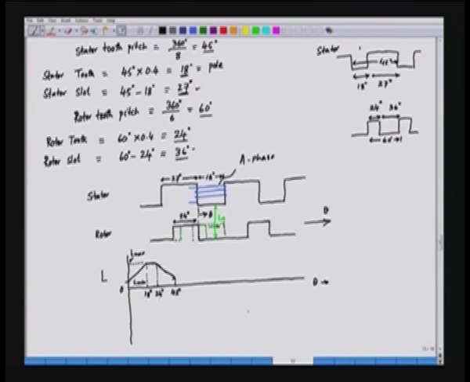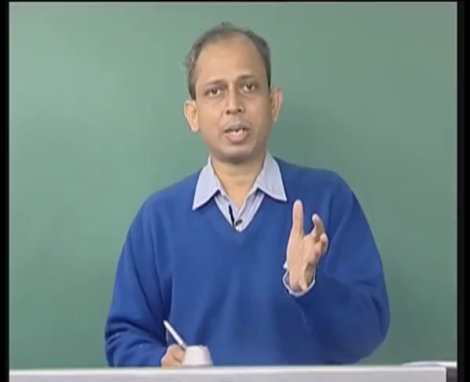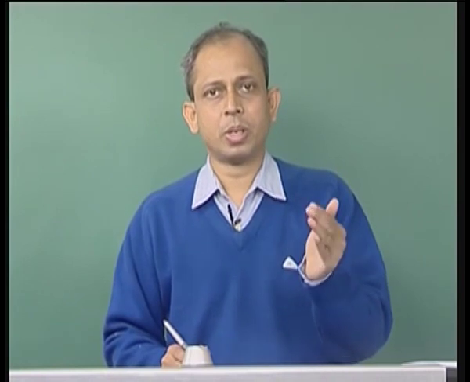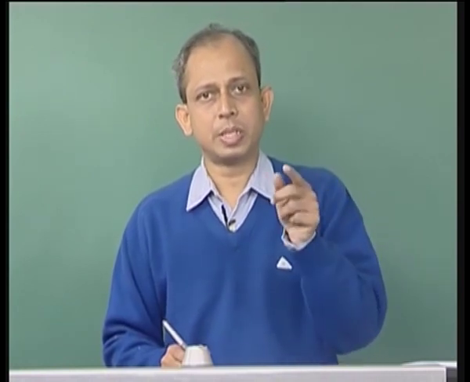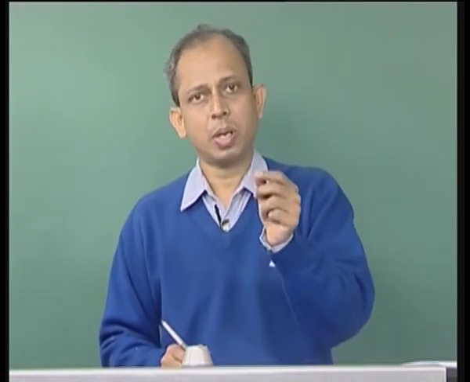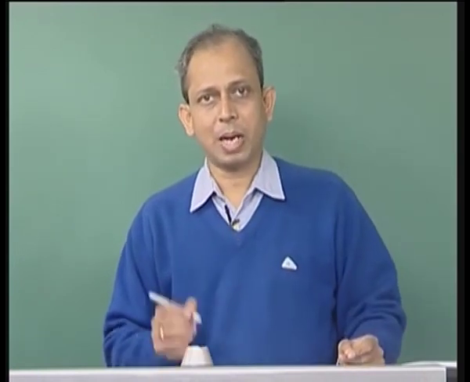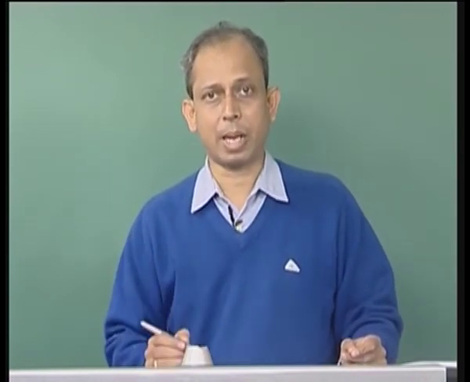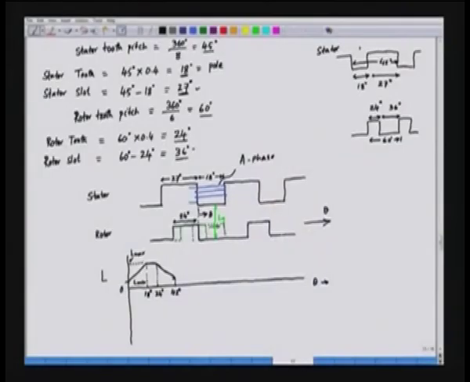So, this is how the inductance varies. It goes from a minimum value to a maximum value linearly. We are in fact neglecting the fringing effect. It goes from minimum to maximum, then stays for some time at the maximum value, again goes to the minimum value, and at that minimum value it will again stay for some time, for 18 degrees.